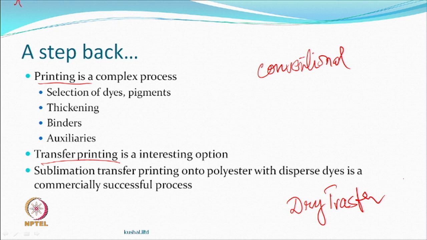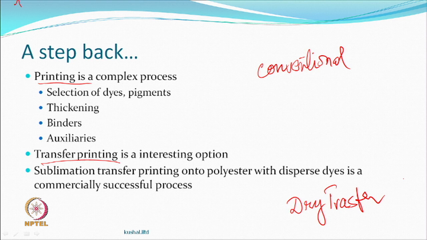Although dry transfer printing can be done on acrylic, on nylon, or any other such material which can take dispersed dyes. But nylon can be printed by acid dyes, metal complex dyes also.